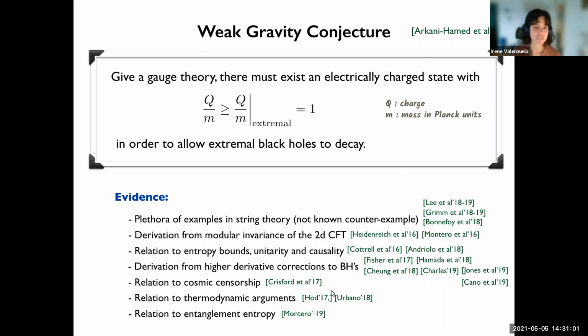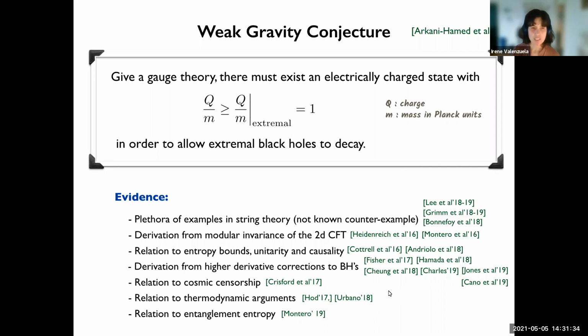In particular, we know that the weak gravity conjecture can be derived from modular invariance of the 2D CFT, so that if you have some gauge field that has a worldsheet description, then you know that the weak gravity conjecture has to be true. And also in AdS3/CFT2, you can use it to prove the weak gravity conjecture in AdS3. But it's not known yet what the higher dimensional analog of this would be.